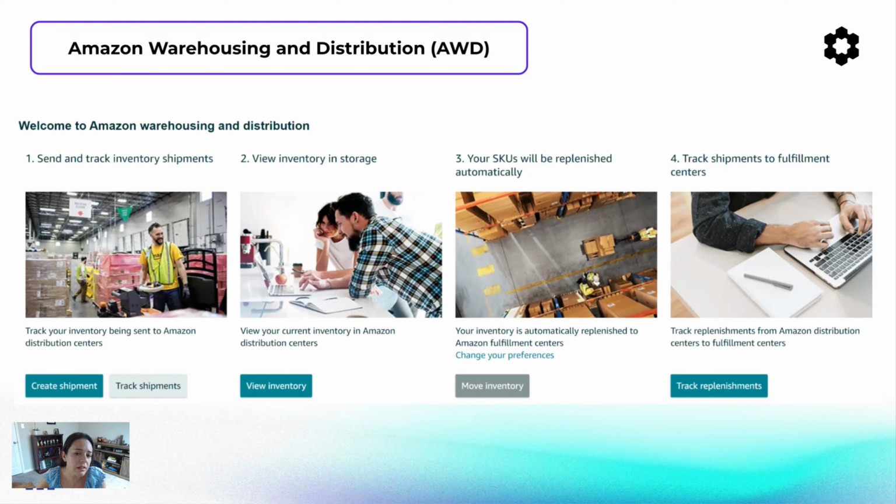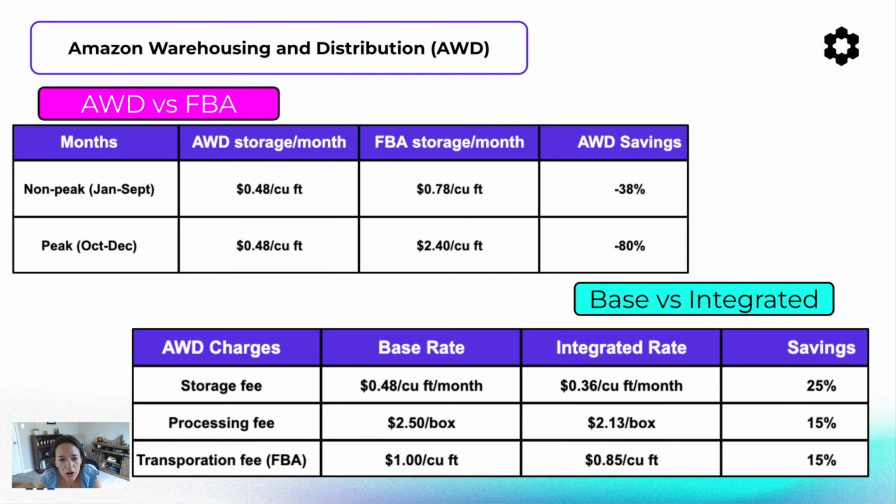So warehousing and distribution, I'm sure that a lot of people, if not everyone, knows by now about Amazon warehousing and distribution. It's essentially a program where they're your 3PL and they send inventory automatically into FBA for you, and their rates are different. So if we compared Amazon warehousing and distribution to FBA, there are a couple of differences.